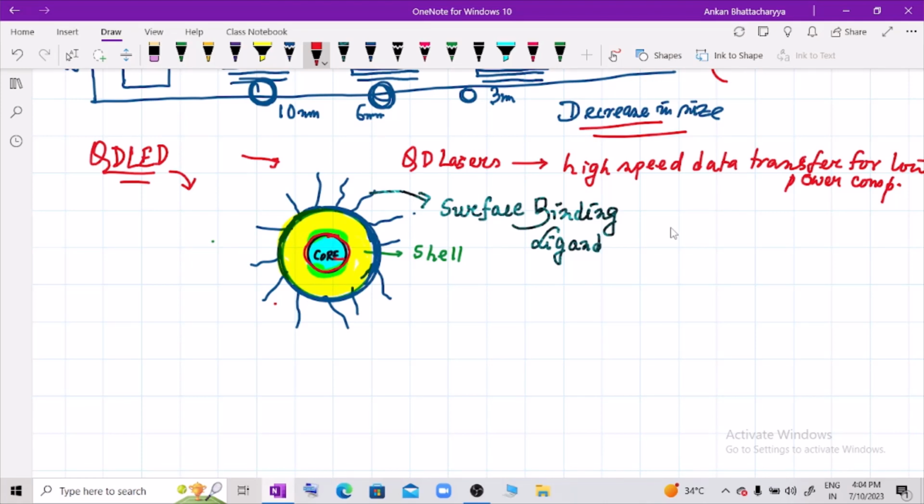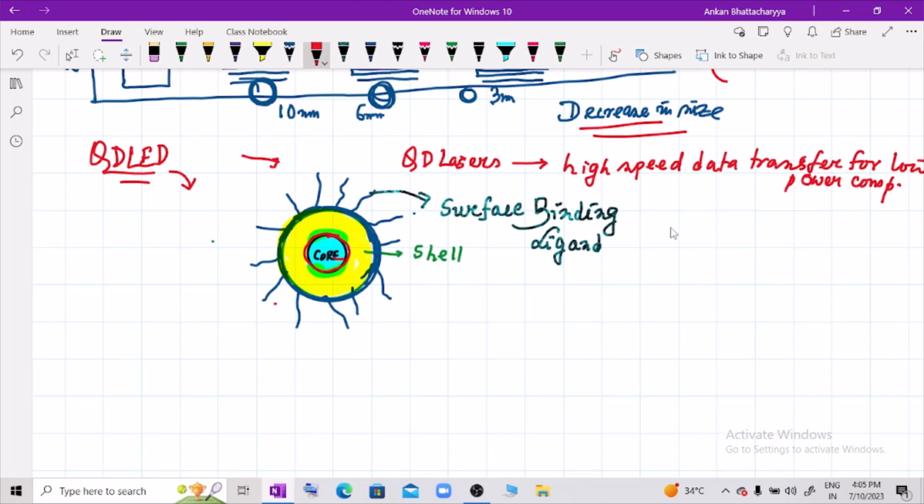So the shell gives us the separation of the core region from the external medium, and the surface binding ligand acts as the protective layer of the core and shell, and it helps in the passivation of the shell layer, which is very essential.